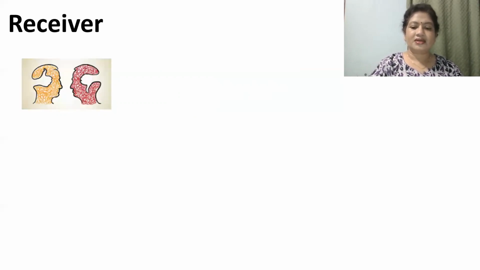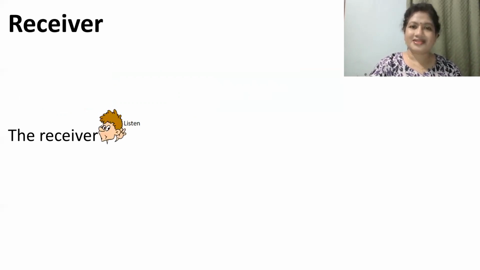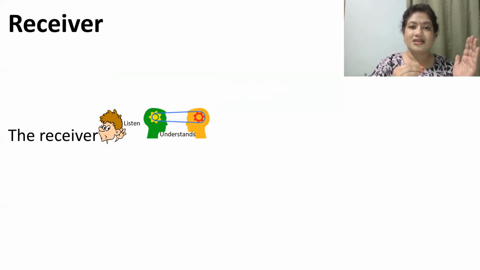So he or she is the sender. It's a little fast, I apologize for that. Then the receiver. The sender has already sent the message. Now the receiver. The receiver listens. Yes, he listens.